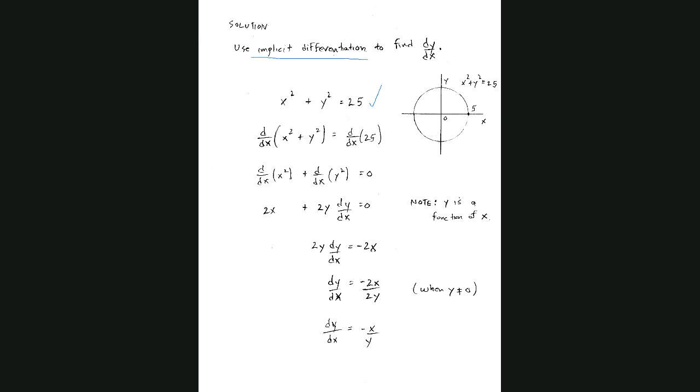What we do is take the derivative with respect to x of the left side. But of course, this is an equation. So if I take the derivative with respect to x of the left side, I have to take the derivative with respect to x of the right side. That's fair, right? That makes sense.